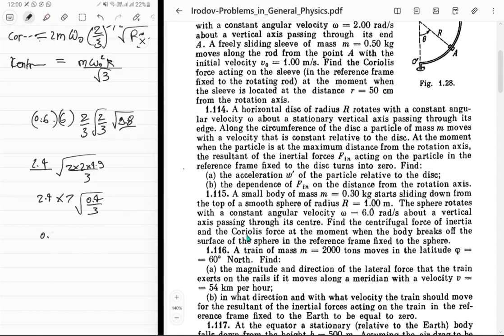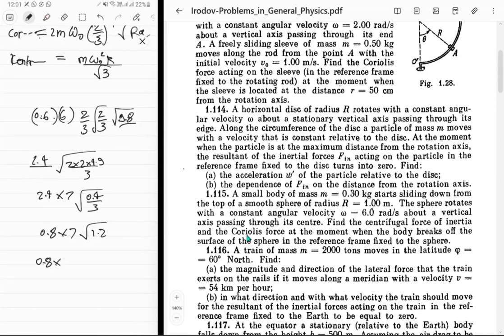So 0.8 into 7 into square root of 1.2, which is close to 1.21. So it's close to 1.1 squared, which is 1.21. That's close enough, I guess. So this is approximately 0.8 into 7 into 1.1.